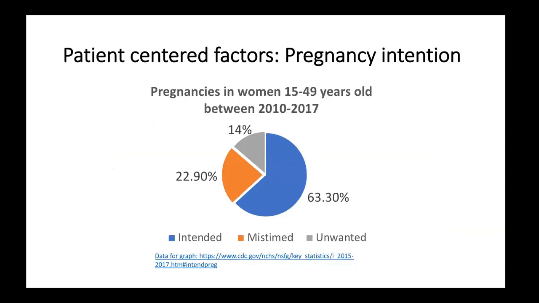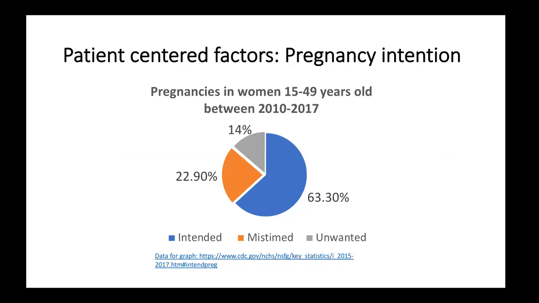This is a nice graph with data from the CDC, between the years of 2010 and 2017, of women between 15 and 49 years old and their pregnancy intentions. Intended pregnancy is where they planned the pregnancy and wanted to have it. That's about 63% of pregnancies. Mistimed means that they want to get pregnant at some point, but it was not quite the right time for them.